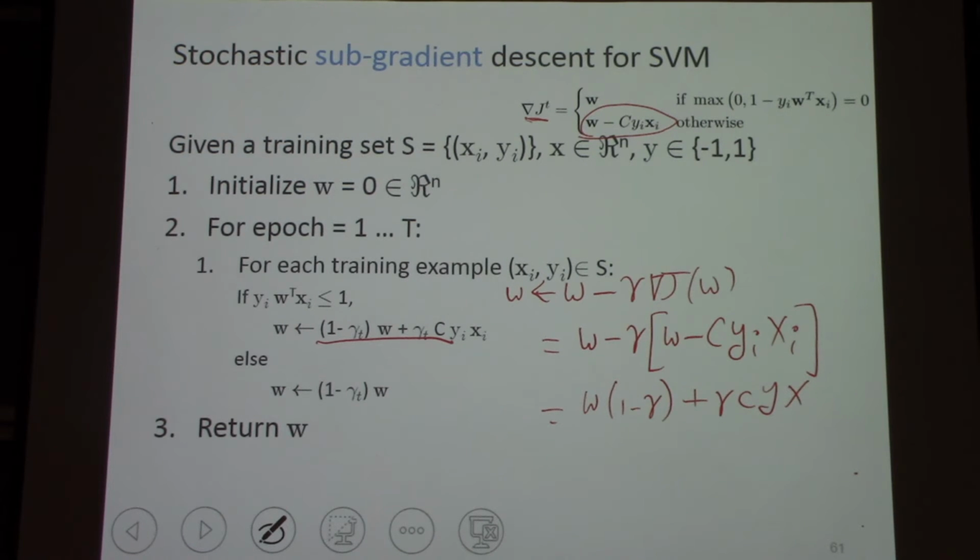Why do you have for epoch equal 1 to 2? When you say why do you have it, what do you mean? I mean, we just need stochastic, one training example at a time. Yes. So the theory of stochastic gradient descent says you don't need this approach. What you need is an infinite loop.